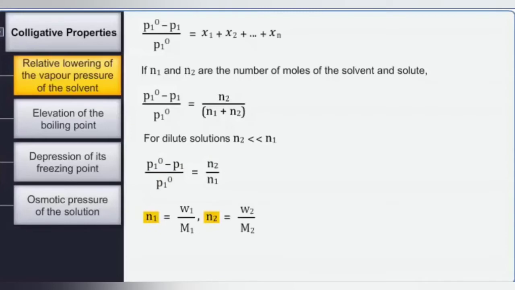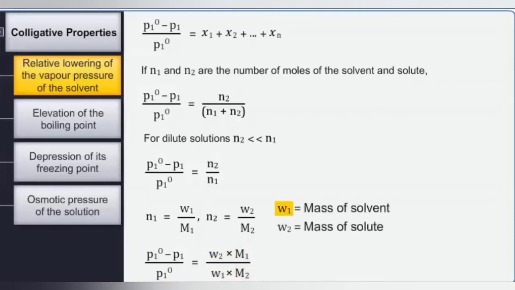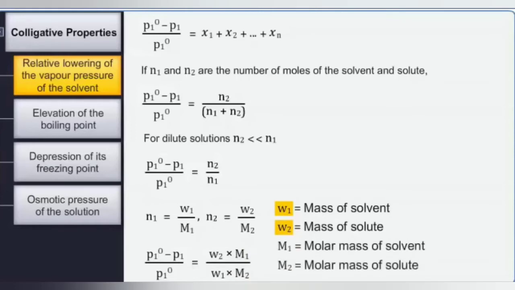Representing N1 and N2 in terms of their mass and molar masses, we get (P1° − P1)/P1° = (W2 × M1)/(W1 × M2), where W1 and W2 are the masses of solvent and solute respectively, and M1 and M2 are the molar masses of solvent and solute respectively.